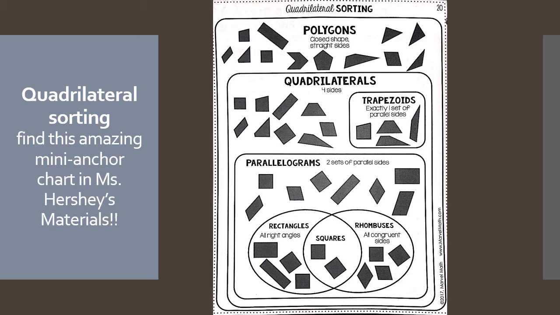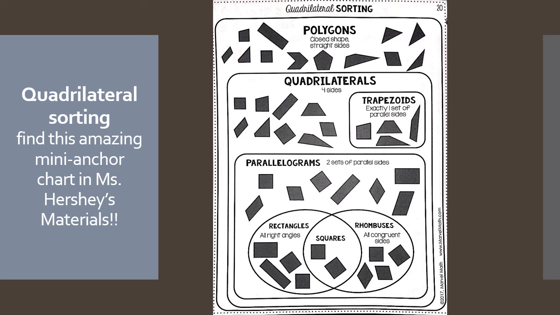So a parallelogram and a trapezoid, you can't have both. You have to be one or the other. But trapezoids and parallelograms are quadrilaterals. And all the shapes that we've talked about today are polygons, closed shapes with straight sides.